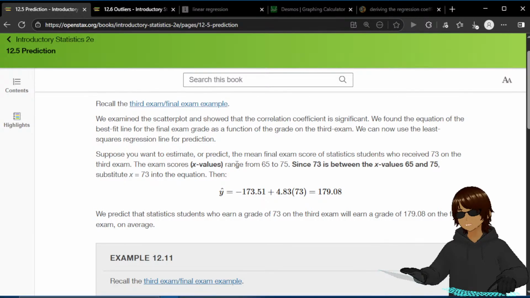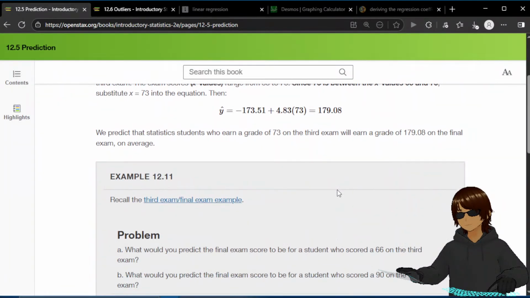The exam scores range from 65 to 75. Since 73 is between the x values 65 and 75, substitute x equals 73, and then we get 179. We predict that a statistics student who earns a grade of 73 on the third exam will earn a grade of 179 on the final exam on average.